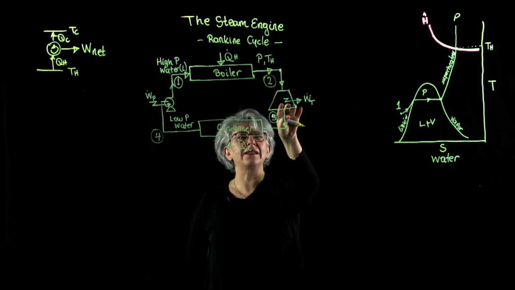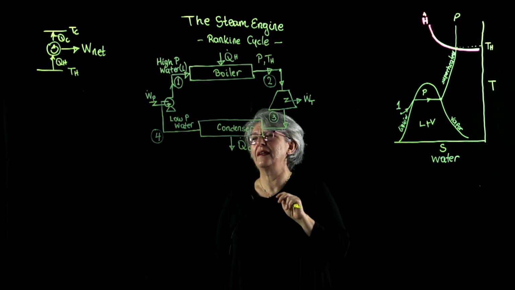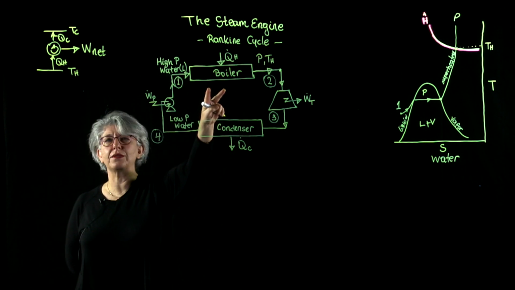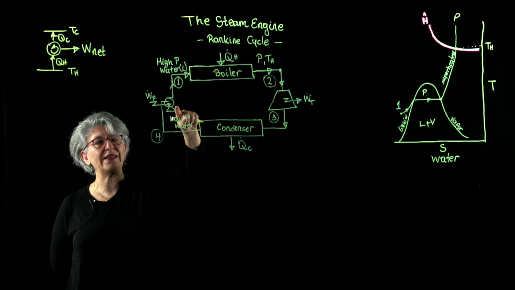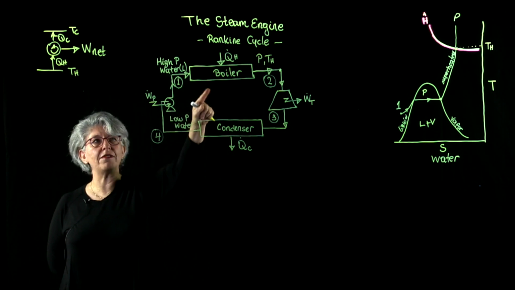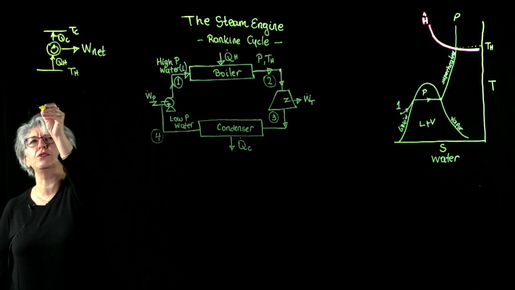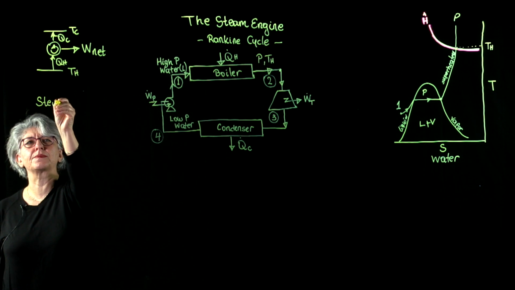Now let us see what the energy balance looks like around the boiler. This whole process is a closed cycle. However, each and every process unit operates at steady state. So we're going to write our balance equations at steady state conditions.